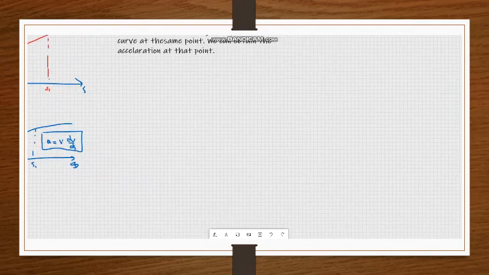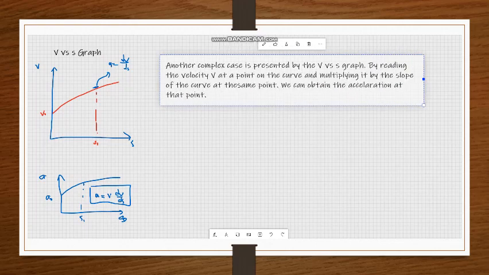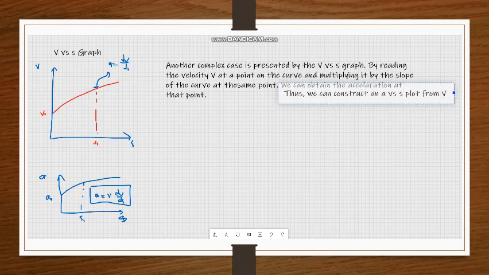So this is explained verbally by this case, and we know that a equals v dv/ds, and thus we can also construct an acceleration versus position plot from the velocity versus position curve.